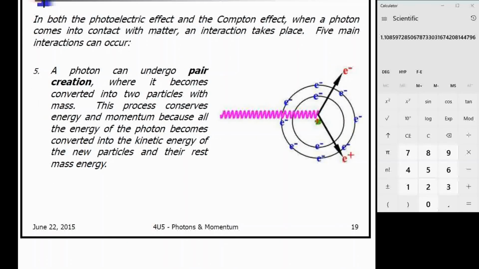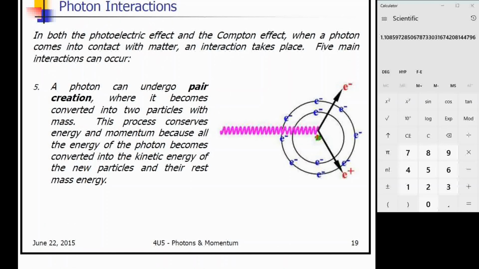And then we also have this other effect, which is pair creation. A photon can undergo pair creation, where it becomes converted into 2 particles with mass. This process conserves energy and momentum because all of the energy of the photon becomes converted into kinetic energy of the new particles and their rest mass energies. This one you'll look at more in university, but we do need to understand it here.